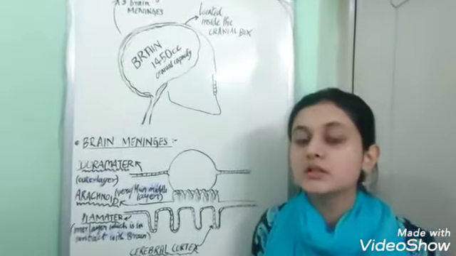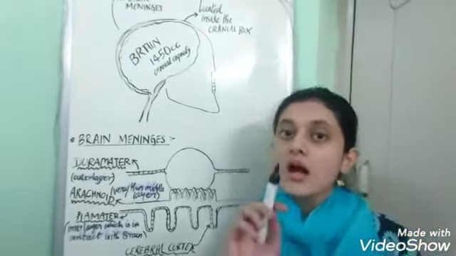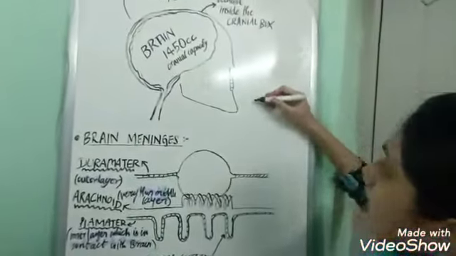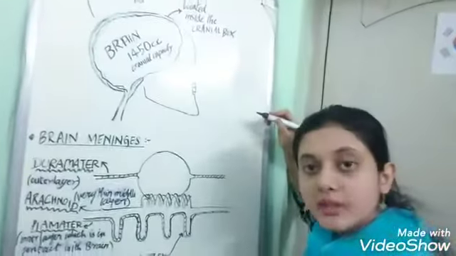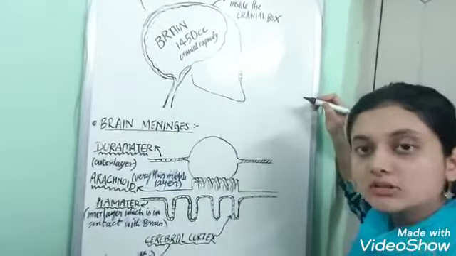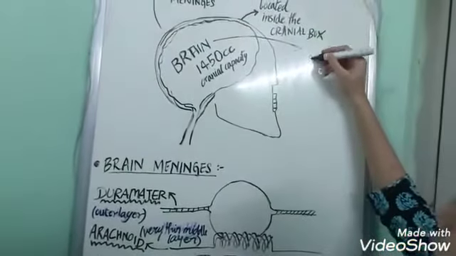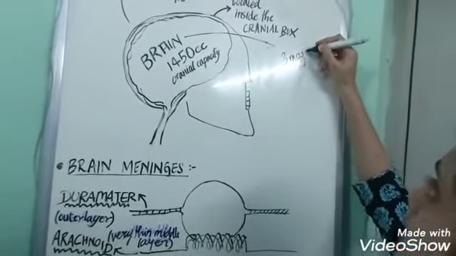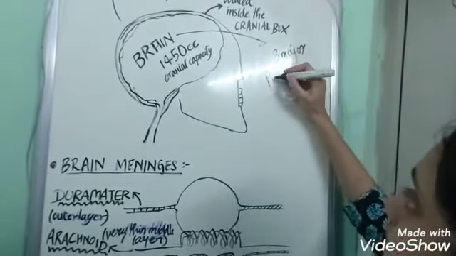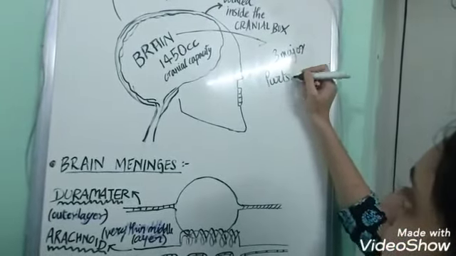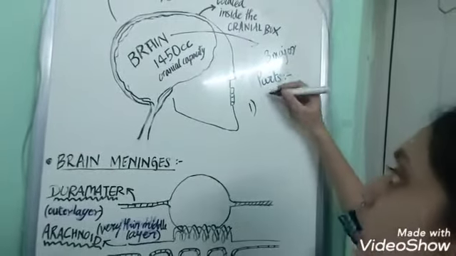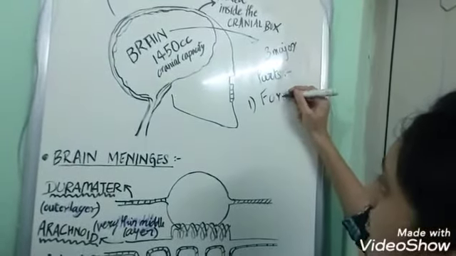Now let's begin the topic. The brain is made up of 3 major parts. First, forebrain.